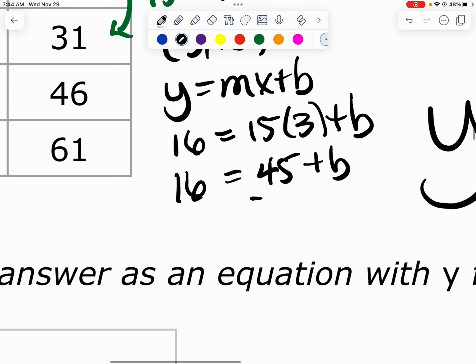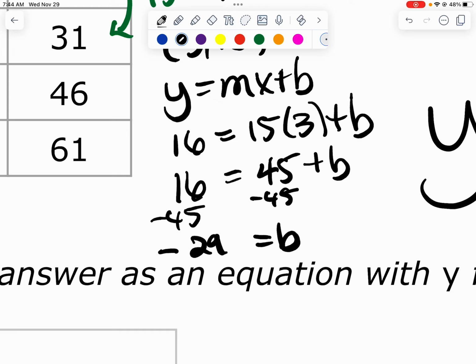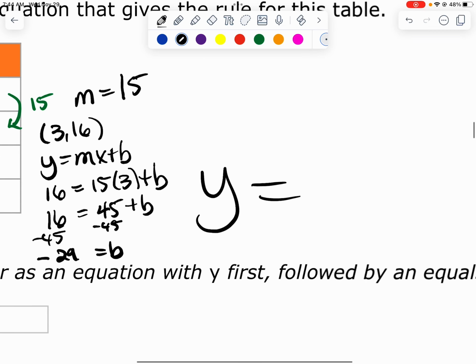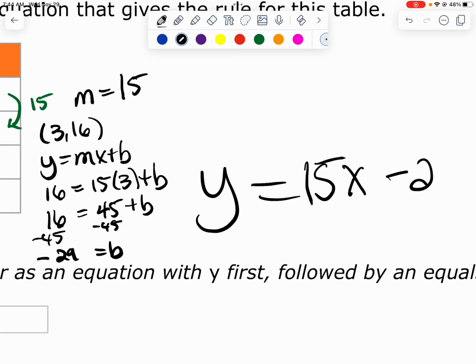Sorry, my brain. So that's going to come out to be negative 29. 45 minus 16, yes, negative 29 is equal to my b value. So the equation of the line would be y equals 15x minus 29.